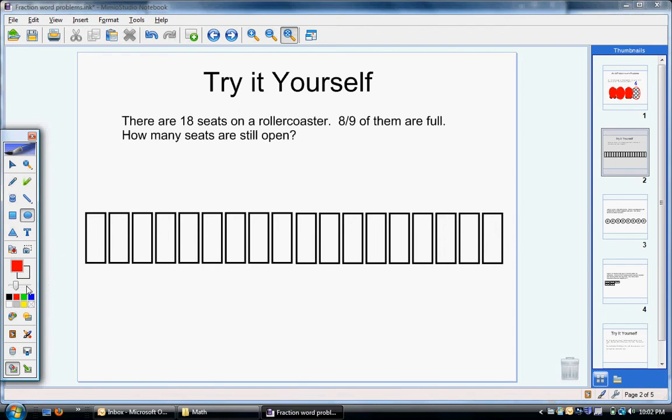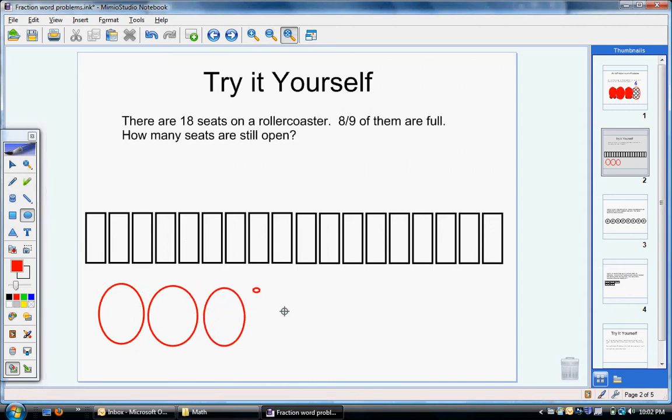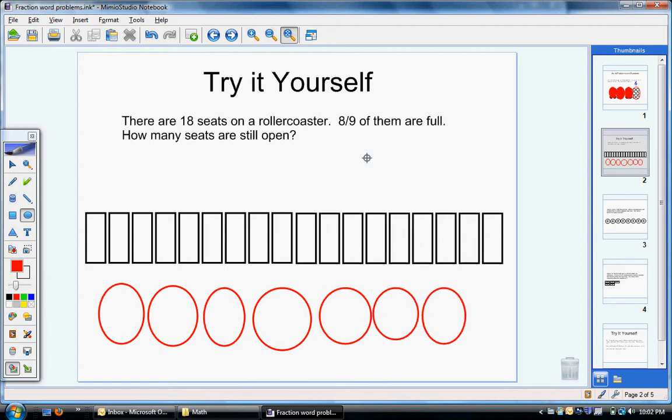The first thing I need to do is I need to make sure that I have 9 groups. So here I have 1, 2, 3, 4, 5, 6, 7, 8, 9 groups, because this fraction says 8 out of 9 groups are full.